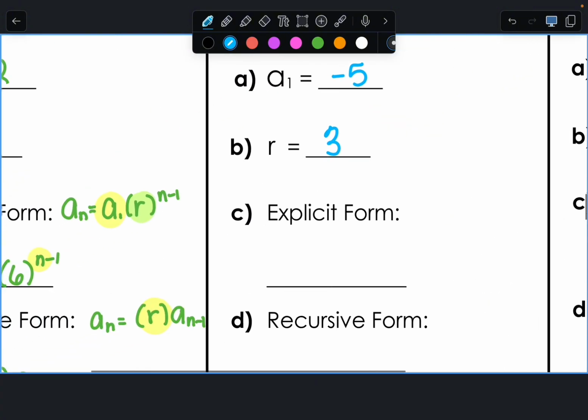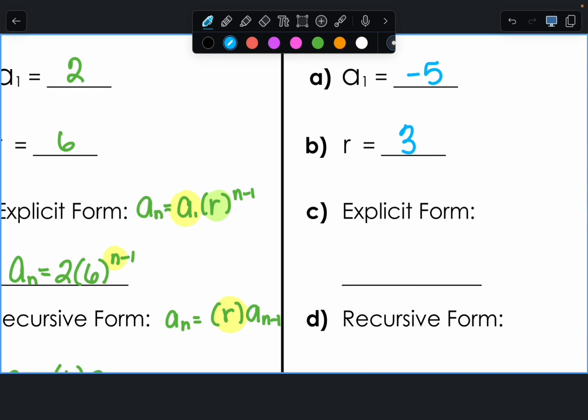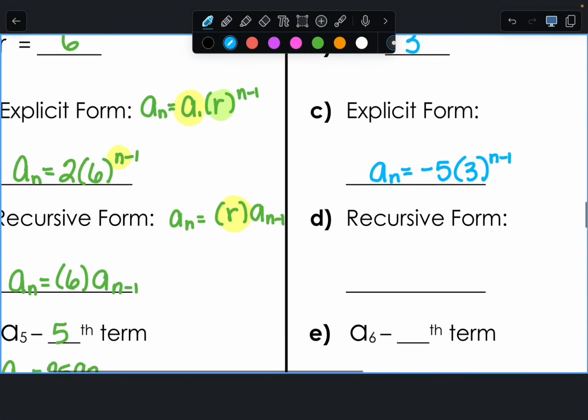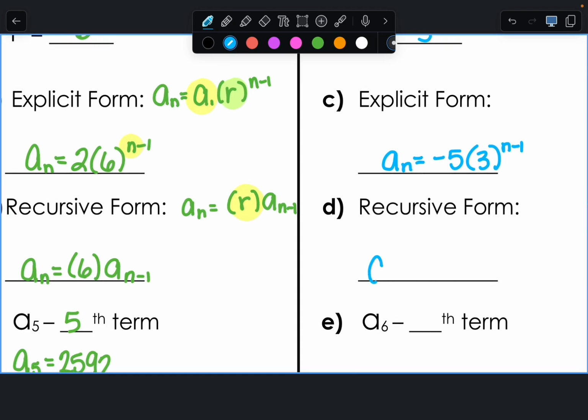Now, writing this in explicit form, we get A sub n equals what? -5 times 3 to the power of n minus 1. Recursive form, A sub n equals 3 times A sub n minus 1.